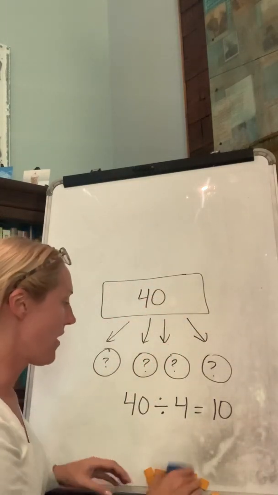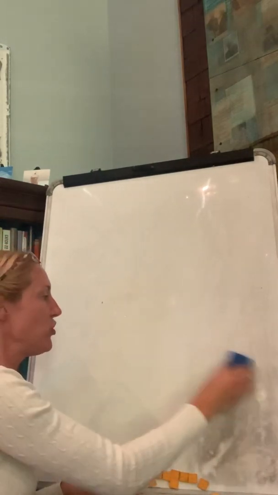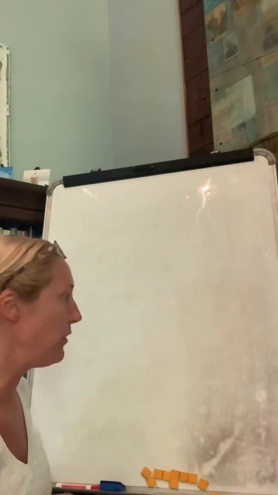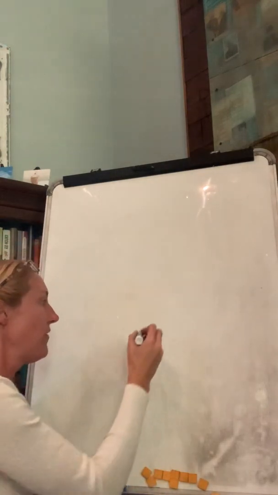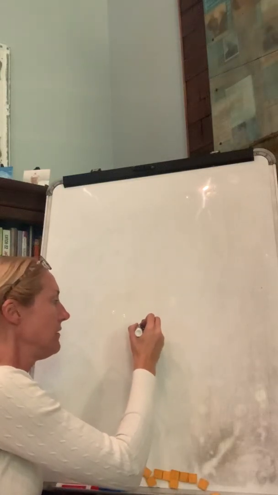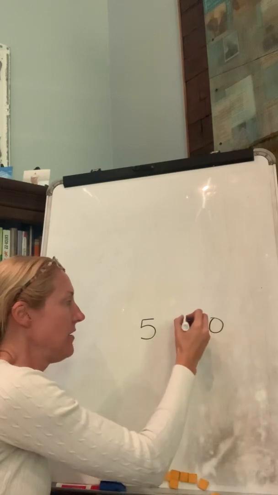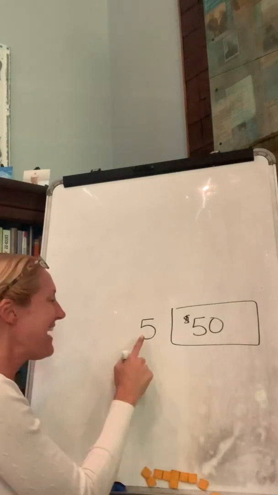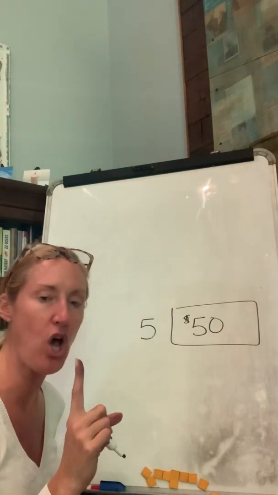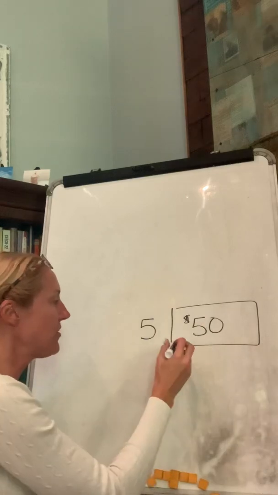Or let's say you buy a bunch of books, and let's say you buy 5 books and you pay $50. Well, that's for all of the books. That's the whole thing. And I say, well, how much did one book cost if they were all the same? That means take your $50.